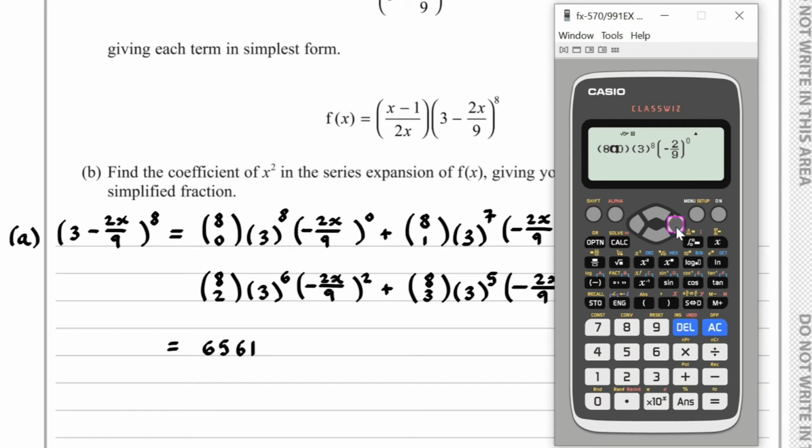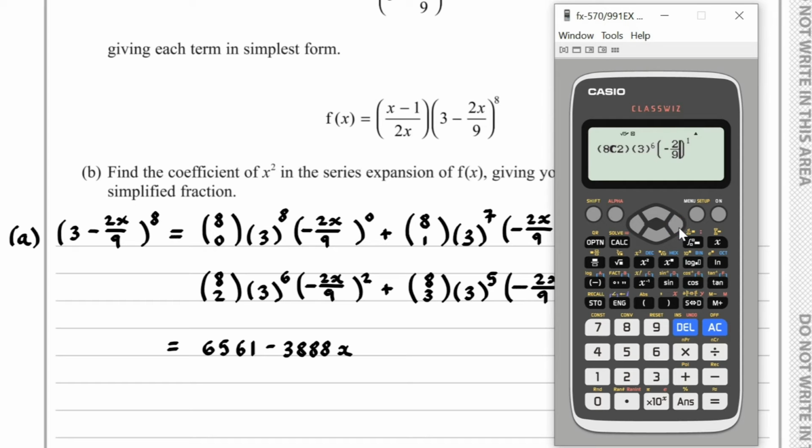For our next term, we have 8 choose 1 multiplied by 3 to the power of 7 multiplied by negative 2 over 9 to the power of 1. So we have negative 3,888x.